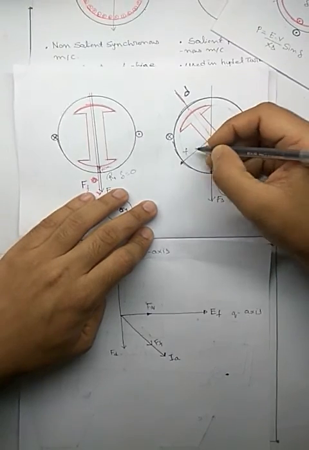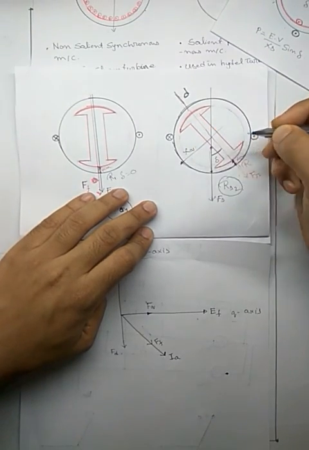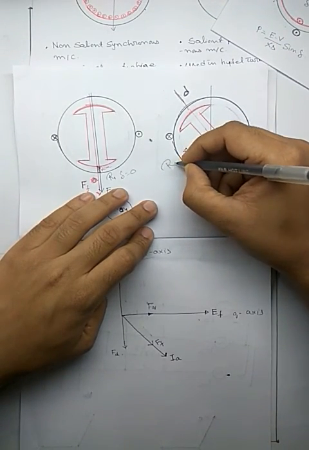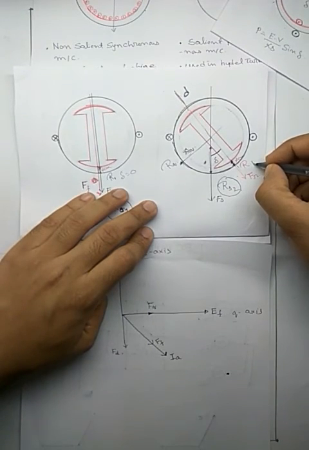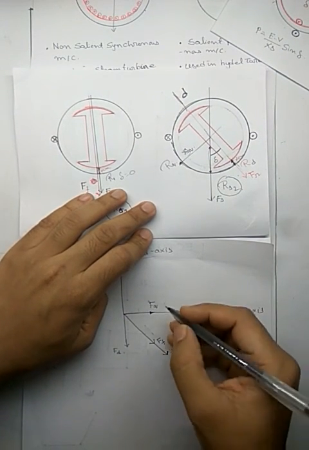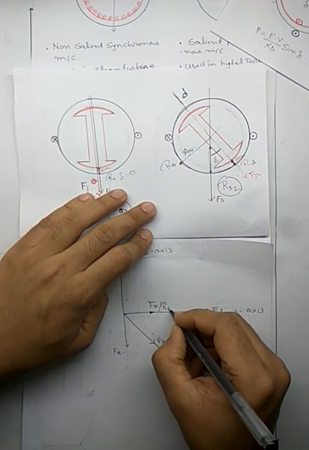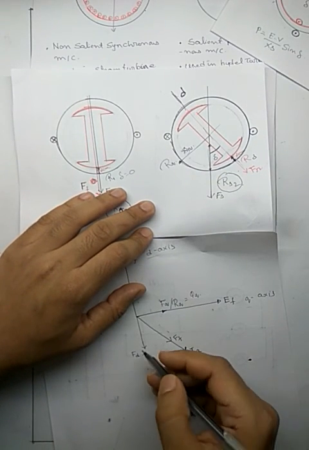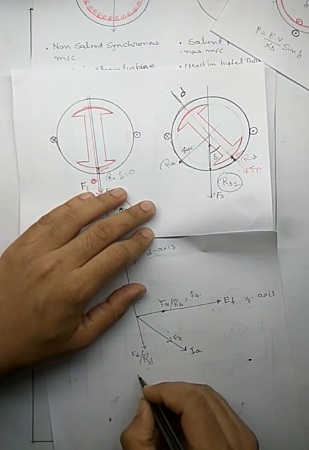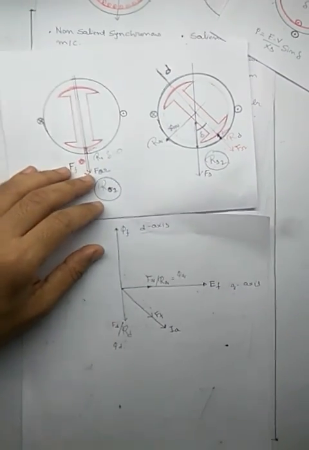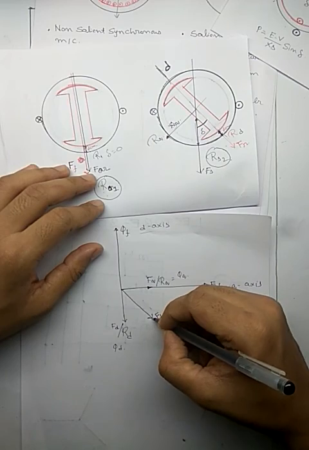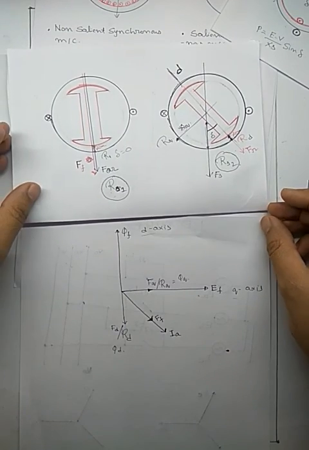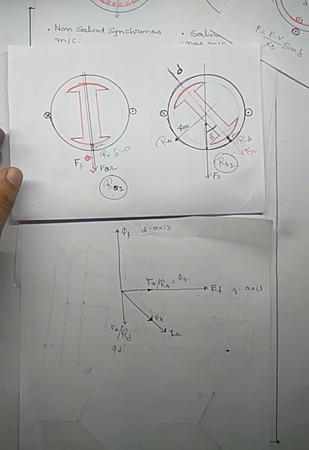So I have a fixed value of reluctance along each axis. Let's call it RQ along the Q axis, and RD along the D axis. If I divide FQ by RQ, I get my phi Q. If I divide FD by RD, I get my phi D. So we will take this MMF and divide it along two directions, and then proceed the way we have done for the non-salient pole synchronous machine.